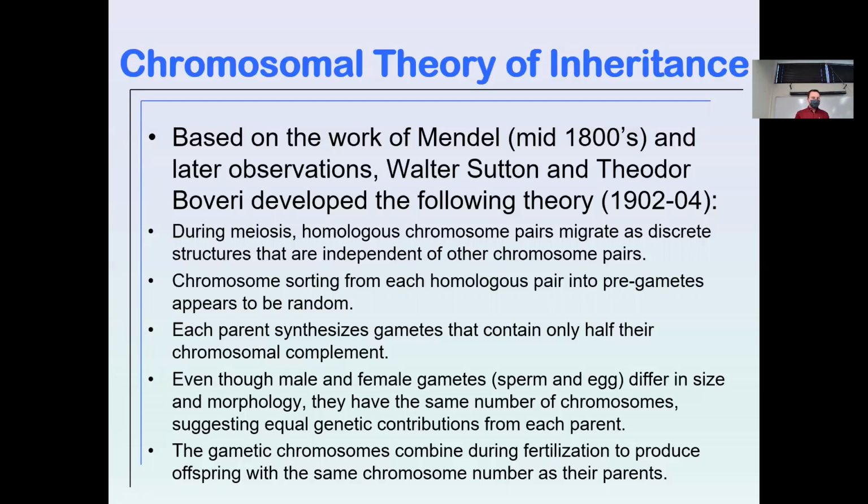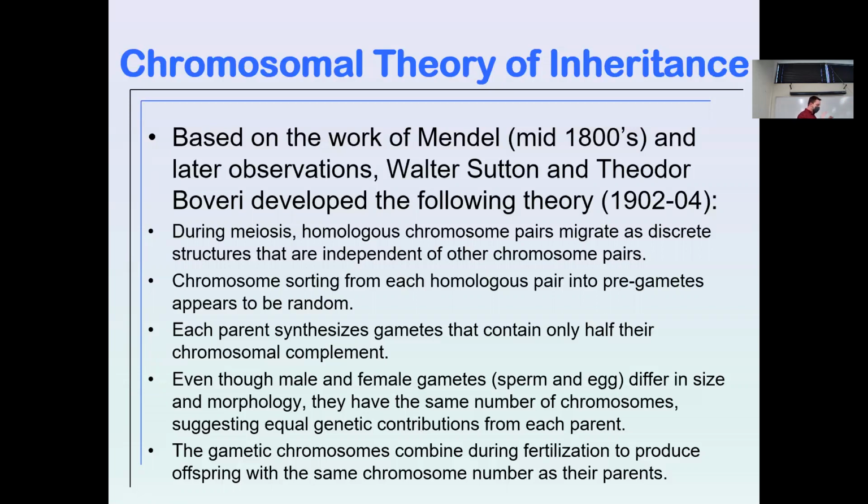again, we're trying to figure out, okay, how are organisms passing on this information? We weren't sure. Well, a theory then prevails, based on the work of Mendel, by Sutton and Boveri.